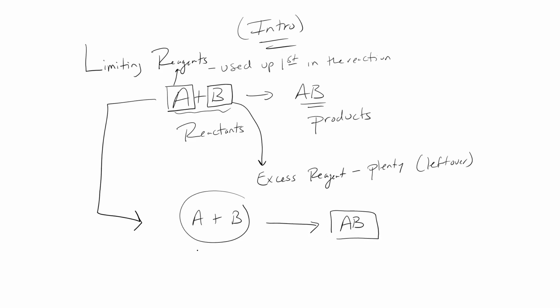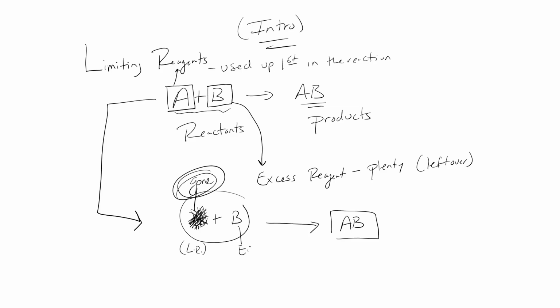Now, if A is our limiting reagent, that means at some point when this reaction is taking place, we're going to use up all of our A. So we'll cross out, eliminate. It is now gone, our A in our example, because it's our limiting reagent. I'll just call it LR here.